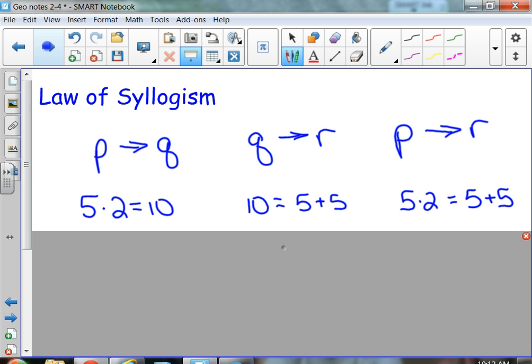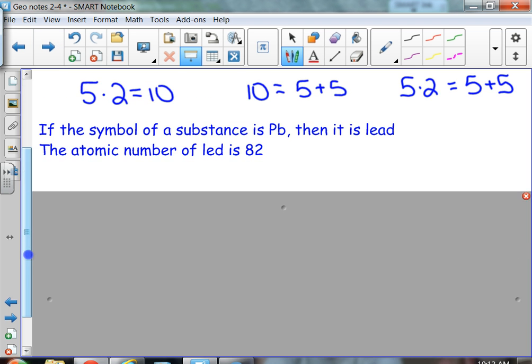That's what it's saying. Make more sense that way? So if P then Q, and if Q then R, then you can say that P then R. So let's look.